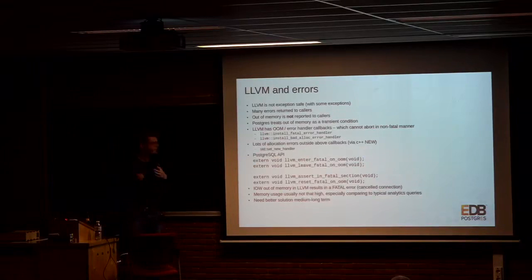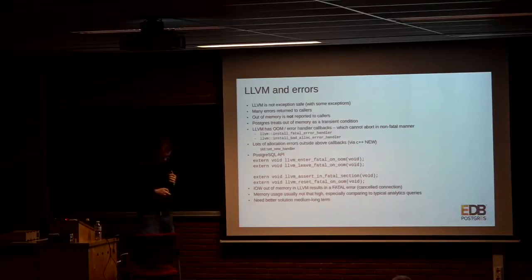When they occur, we promote that error to a fatal error, which Postgres knows how to deal with, but then we can't ever re-enter LLVM, because if you were to re-enter LLVM after throwing that error, we would call into something that has corrupted state, because we might have been in the middle of a function that modifies the state. So that's unfortunately not supported by LLVM, so we have to throw a fatal error which will error out that individual connection, but not the overall server.